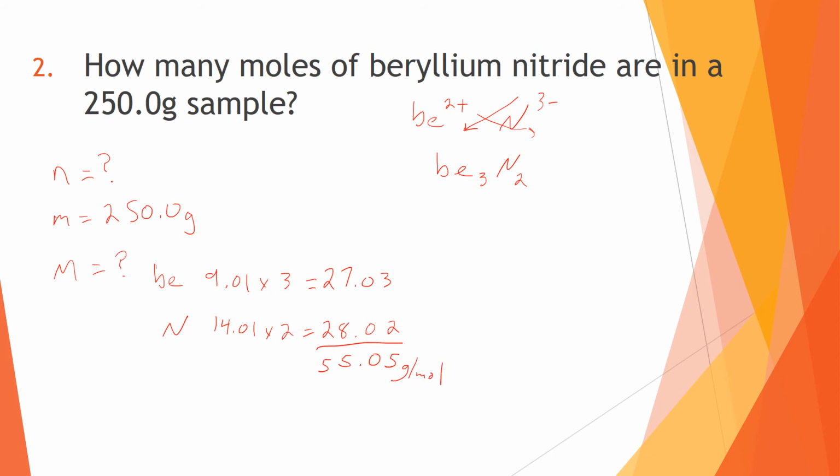The next thing I want to do is just plug these numbers into my formula. The number of moles is equal to the mass, 250.0 grams, divided by the molar mass of beryllium nitride, which we figured out to be 55.05 grams per mole. Plug that into my calculator: 250 divided by 55.05 gives me again a big long number, but I look at my significant digits.